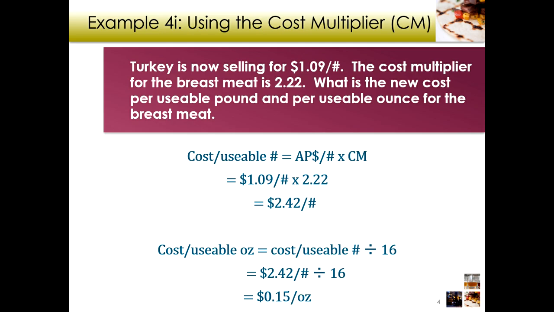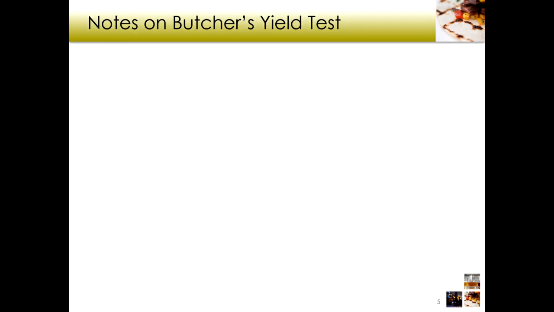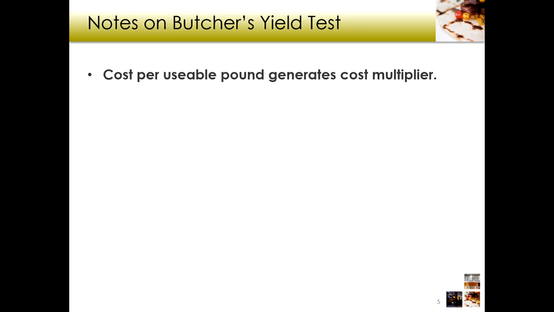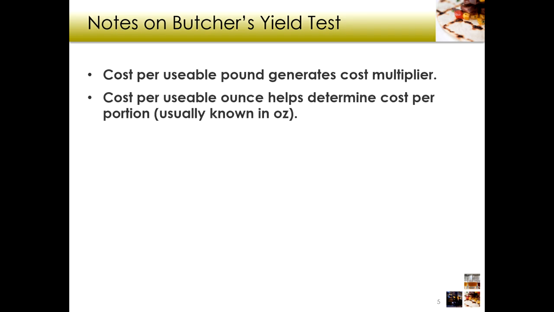Now, I mentioned there are a couple of things you have to remember when you're doing the butcher's yield test. The cost per usable pound generates the cost multiplier. You're not using the ounces because you're comparing your as purchased price per pound, or per kilo or whatever, to the same unit. You can't mix the units. The cost per usable ounce helps determine the cost proportion.